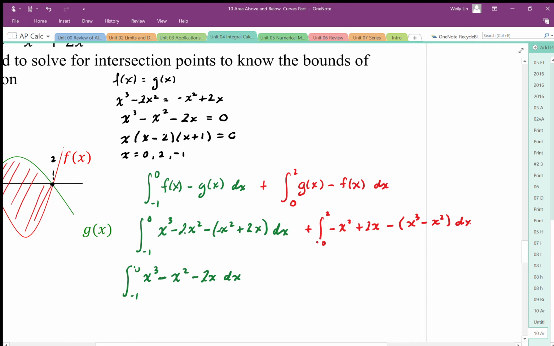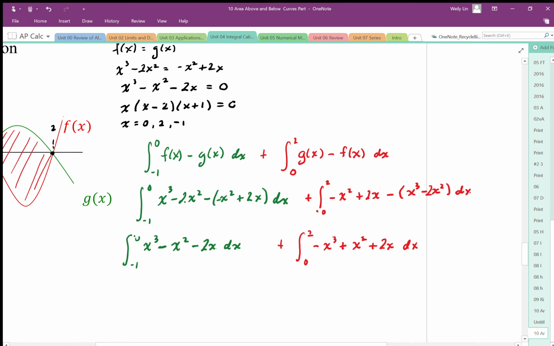Okay, and so when I do the opposite subtraction, I'm just going to get the same value, but opposite sign. So it's going to be from 0 to 2, and I'm going to end up with negative x cubed plus x squared plus 2x. That's going to be times dx.